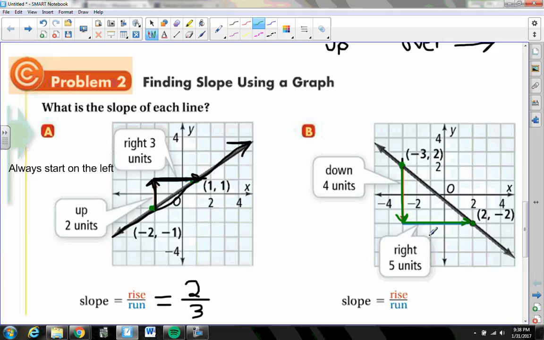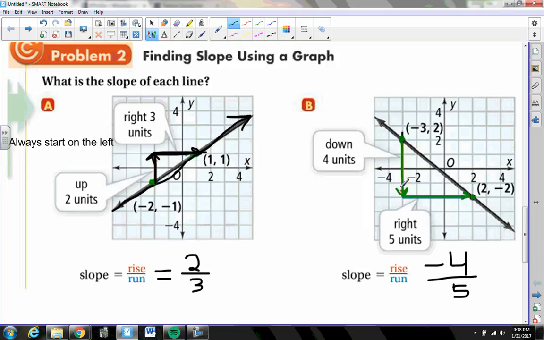The key with going down 4 is that my rise is now a negative number. When I go down, the rise is negative. The run is still positive, that's still 5 going that way. So my slope here is down 4 over 5, negative 4 over 5 to the right.